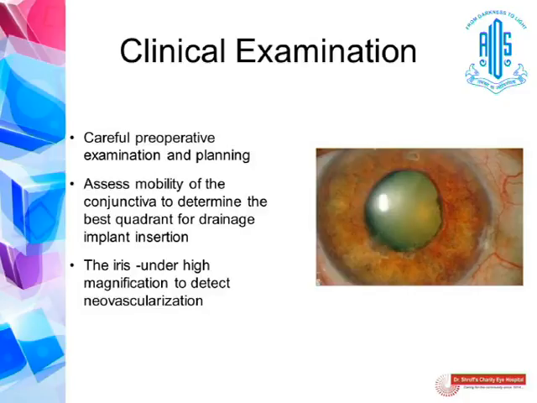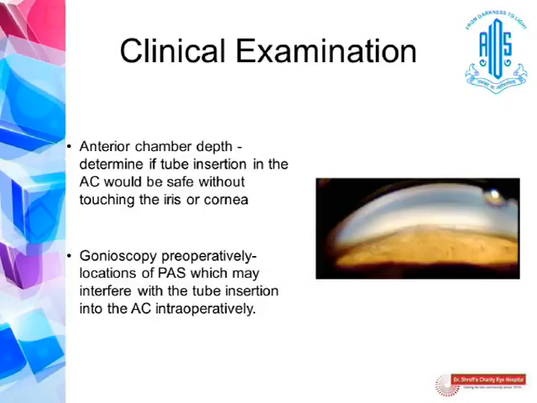We should look at the iris, preferably under high magnification, so we can detect neovascularization. A good assessment of the anterior chamber depth to determine if the tube insertion in the anterior chamber would be safe without touching the iris or the cornea. Gonioscopy tells us about the location of the peripheral anterior synechiae which may interfere with the tube insertion intraoperatively.